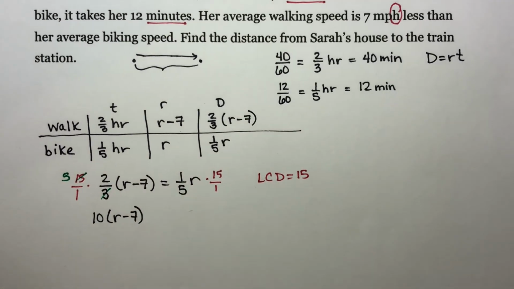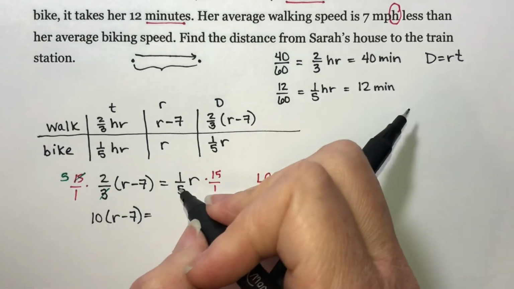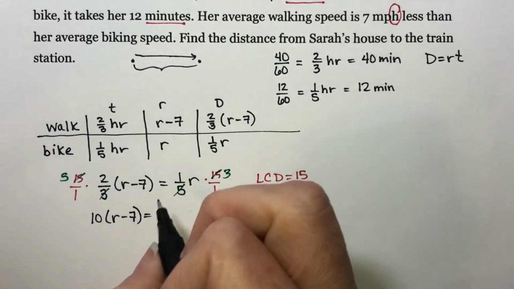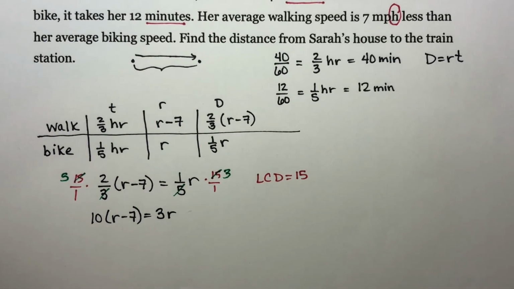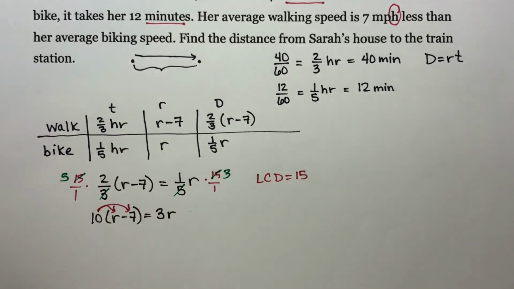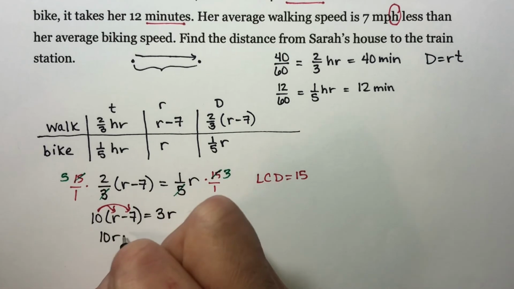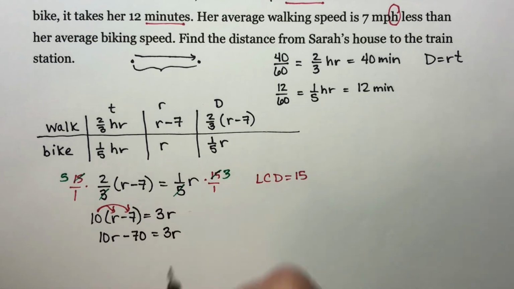And I'll distribute that in the next step. And the 5 and the 15 reduce to a 3. 3 times 1 is just 3. So this is 3R. Okay, now let's distribute to get 10R minus 70 is equal to 3R.